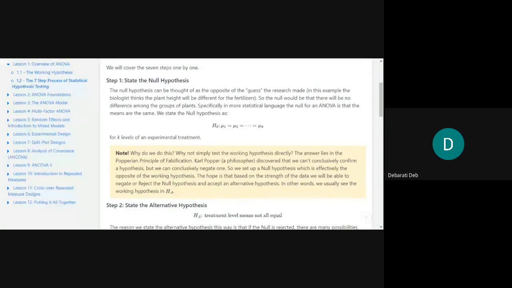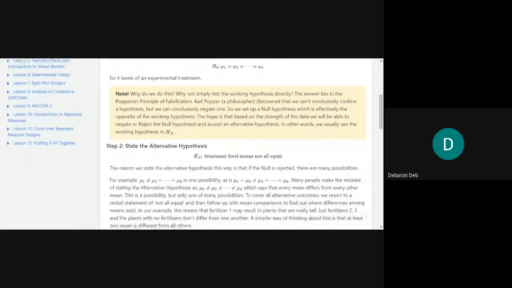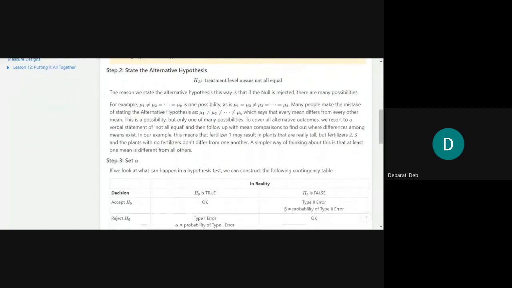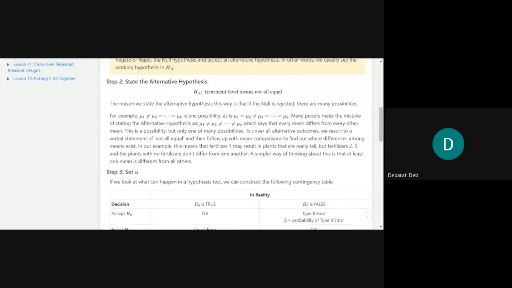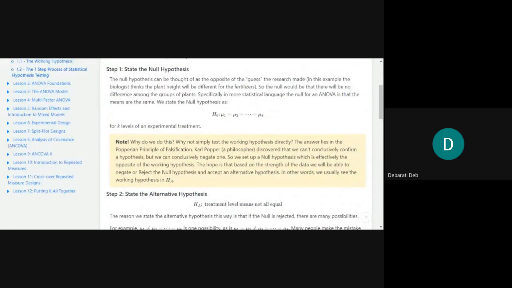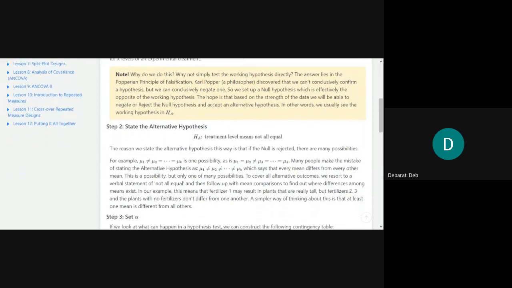Then we state the alternative hypothesis. Once we have the null hypothesis, we can also state the alternative hypothesis. It will just be the reverse of the null hypothesis. According to a philosopher named Karl Popper, we follow the principle of falsification.